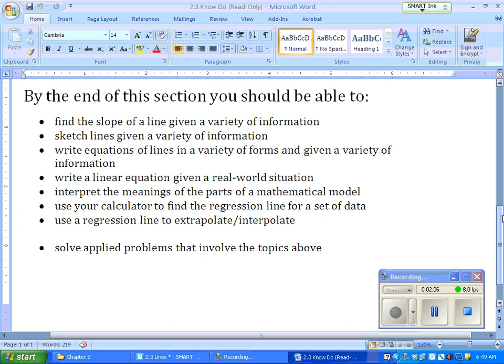That means if we're given an equation from a word problem, we should be able to tell what the coefficients and the constants stand for. We should be able to do lines of best fit on our calculator and use those best fit lines in the calculator or technology to make predictions about the future or the past, and then solve applied problems. So those are the things that we want to be able to do as we work our way through that.